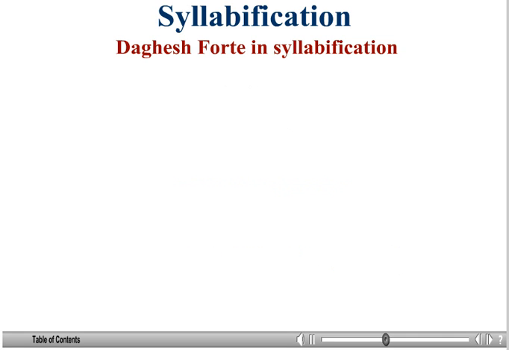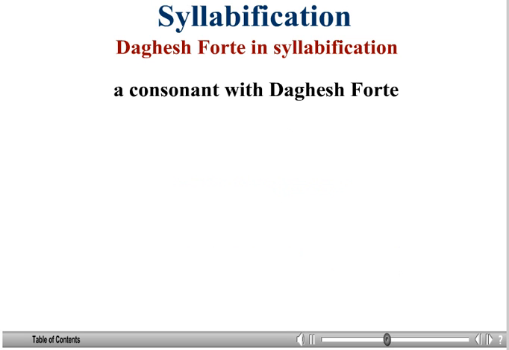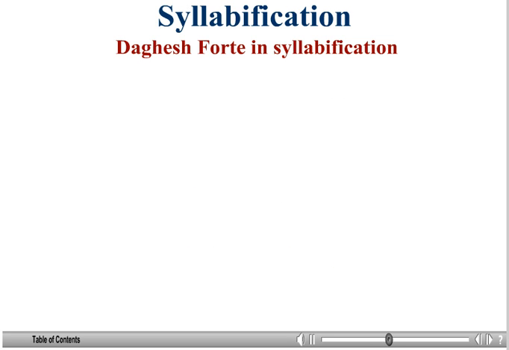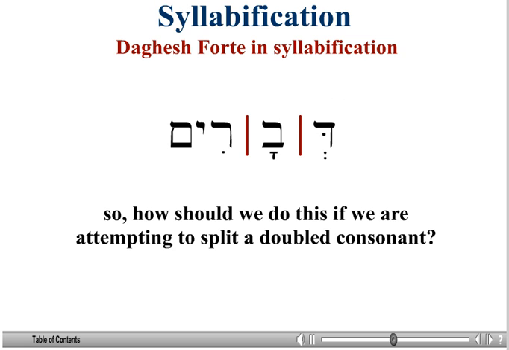The Dagesh Forte, however, does affect syllabification because it doubles the consonant. In terms of dividing a word into its individual syllables, a consonant with Dagesh Forte is split right down the middle. As you have seen in this chapter, we draw vertical lines to separate the individual syllables of a word. So how should you draw the line if you are attempting to split a doubled consonant in two?